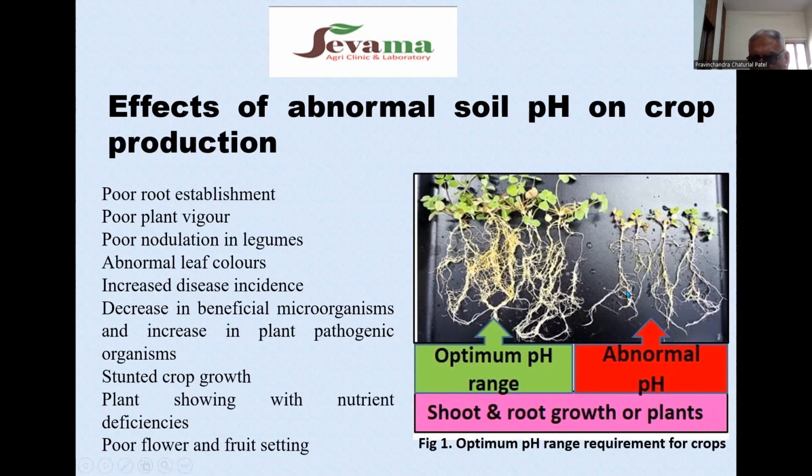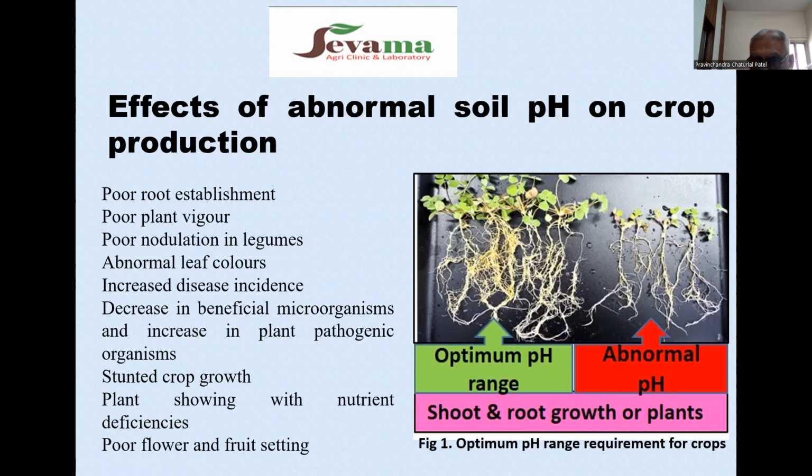You can see stunted growth when the soil pH is abnormal. Plants show nutrient deficiency when soil pH is greater than 7.5 or lesser than 6, then there will be nutrient deficiency in plants.